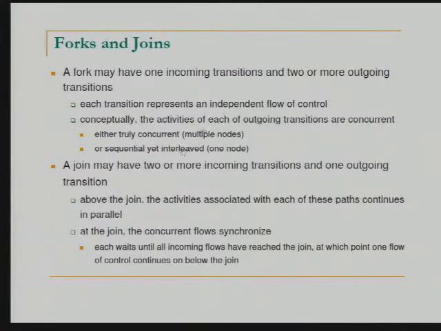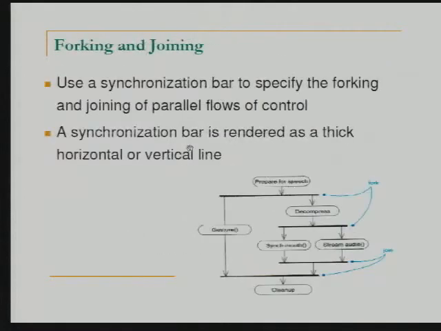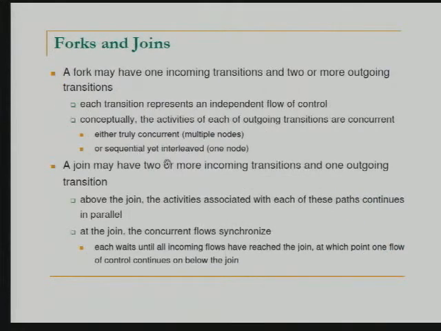Or if you have one CPU, they're sequential, but they're interleaved. So this can be truly, hey, put this on one core, put that on another core, or put them on my single core, but just interleave them, task switch them as necessary. It still gives you that conceptually concurrent look and feel.